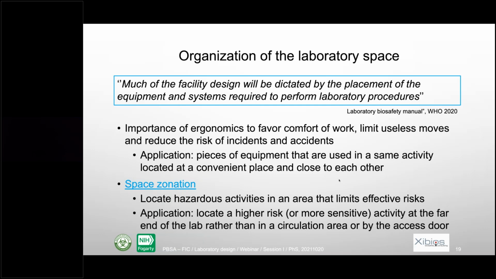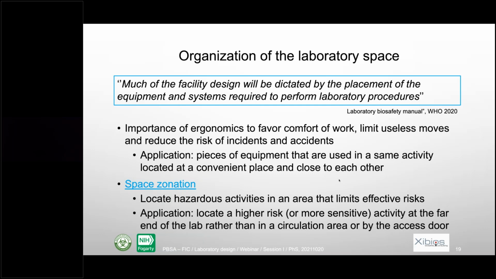In doing that, you need to think about ergonomics to favor comfort of work, but also avoid useless moves and reduce the risk of incident and accident. So for instance, if you use a biosafety cabinet together with some incubator, you will try to have them next to each other so that you don't have to move a long way with your culture before reaching the incubator. That will reduce the risk of spill, for instance.